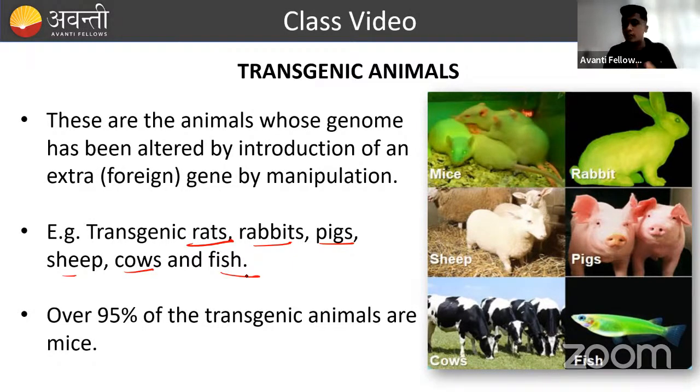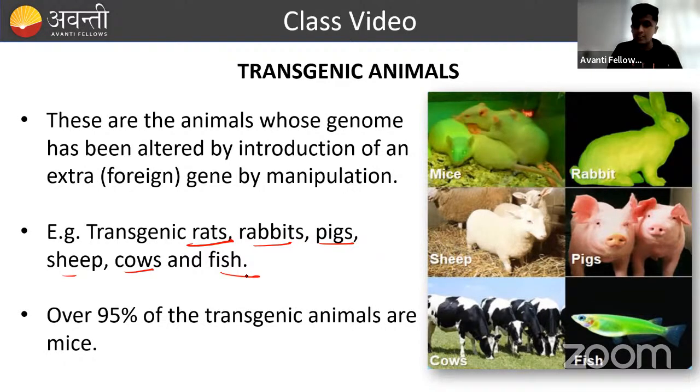These organisms are chosen because they are acceptable to a certain level. I'm not saying that 100% of the people are okay with it. Instead of going to organisms that are rare, exotic, and very hard to work on, these organisms are chosen on various aspects, maybe because of their size, maybe because of their ability to reproduce and create more and more offspring.